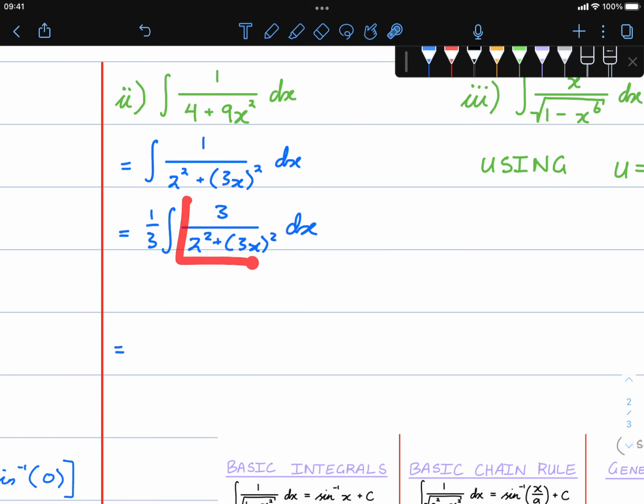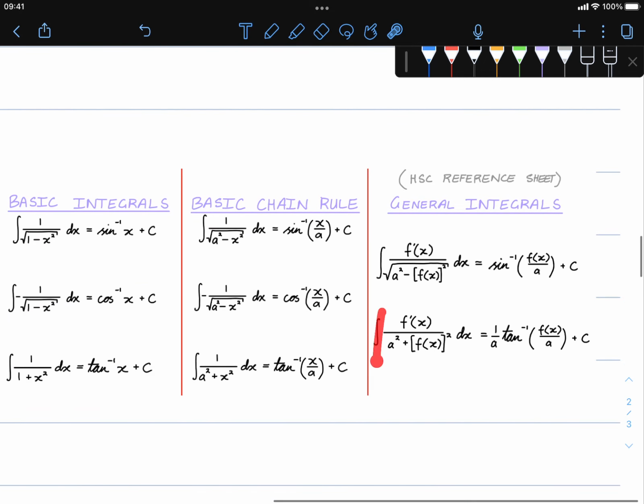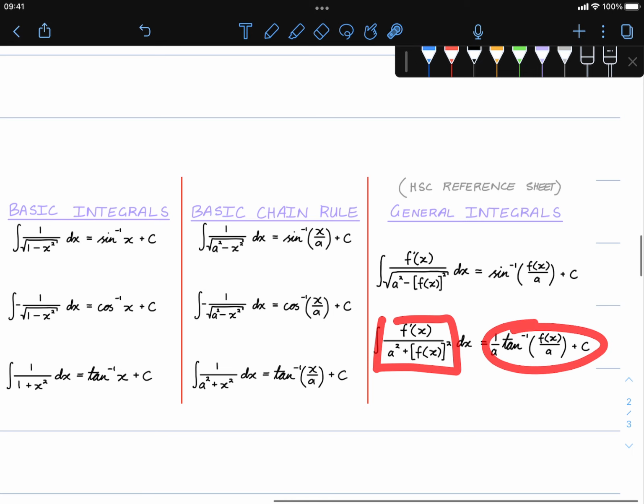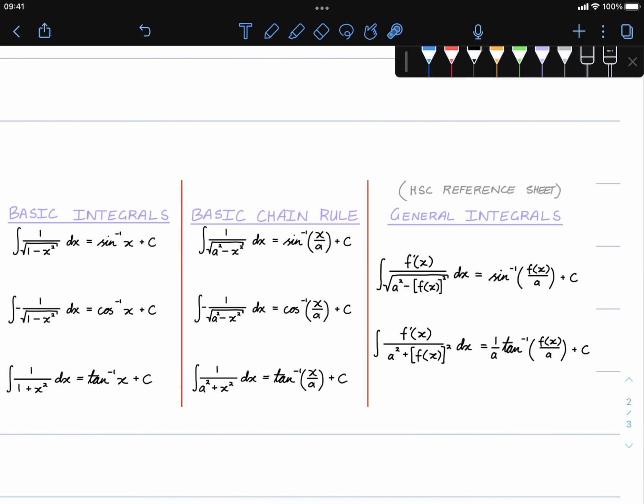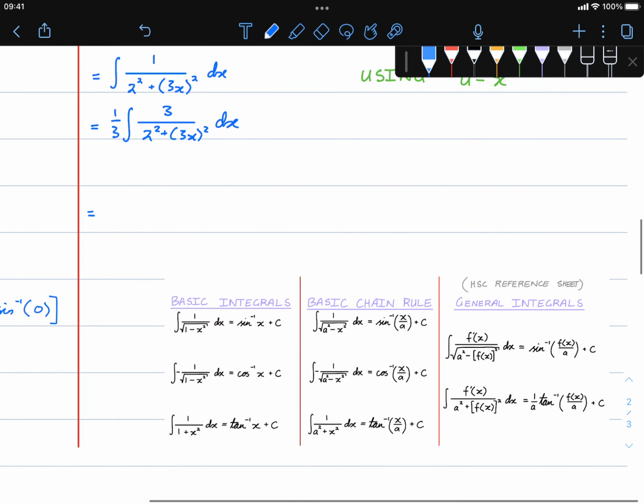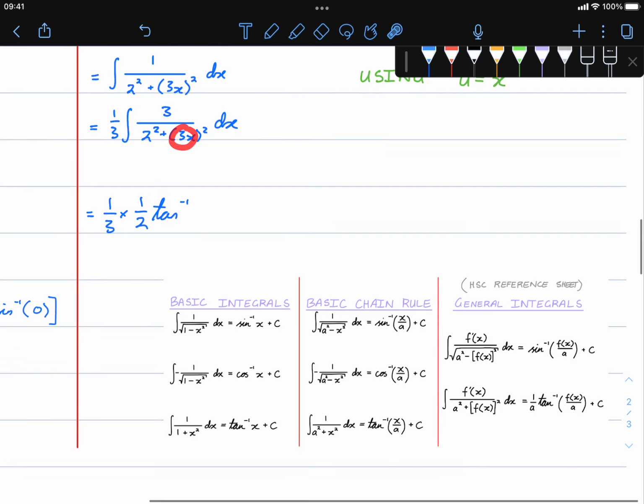Now that we have this, this is exactly what we need to get the inverse of tan. So using that integral, keeping the 1/3 here, we get 1/3 times 1 on a, as shown there. So a is 2 here. Inverse tan of the function of x over a.